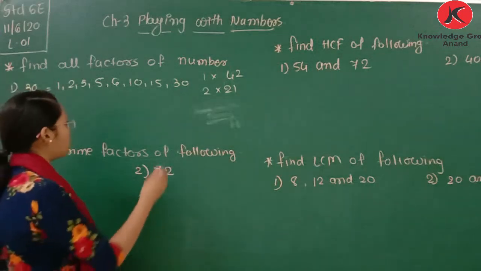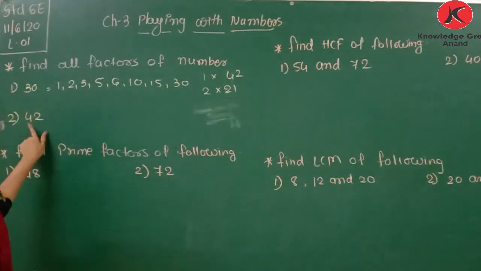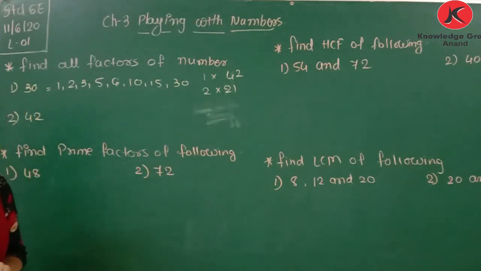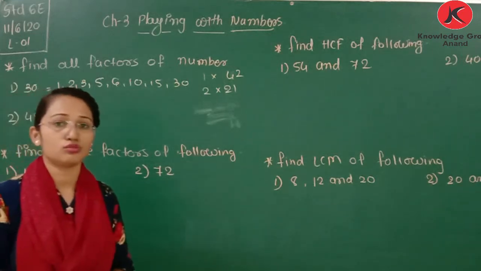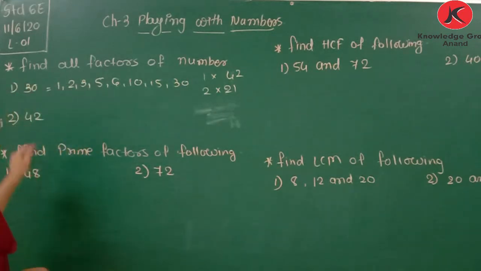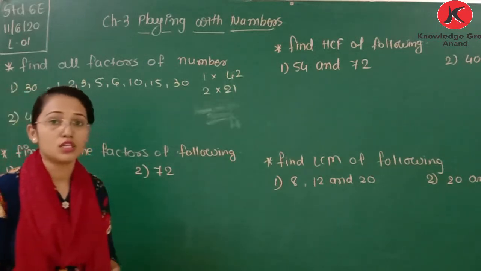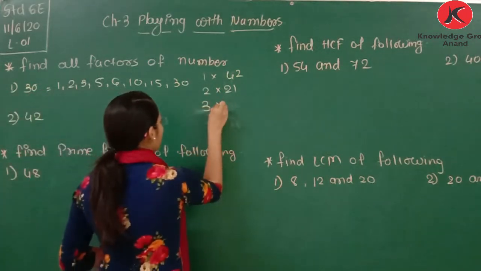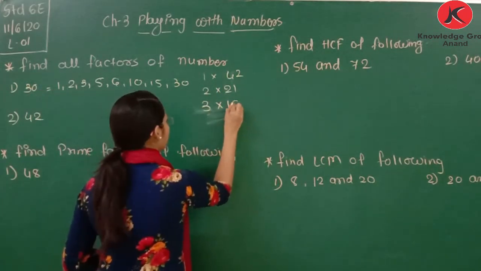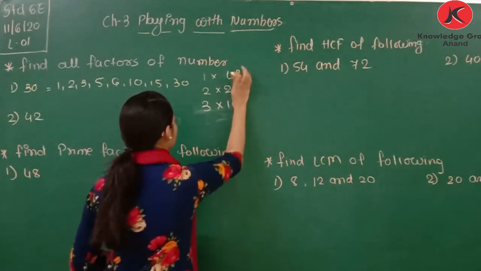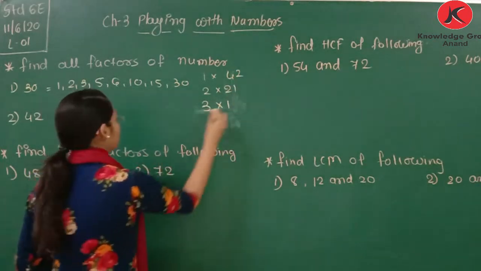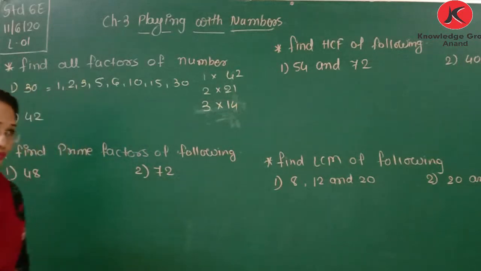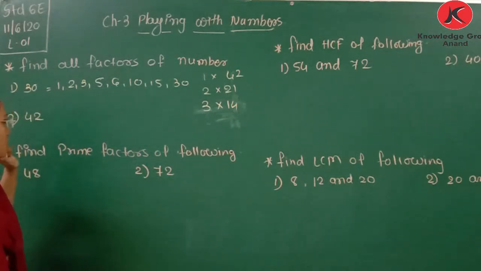So here 21 2s are 42. Now 42, it is divisible by 3, means it is possible to have 42 in a table of 3. For that you need to add the digits, 4 plus 2, 6. And it is divisible by 3, means it is possible to have 42 in a table of 3. Okay, now next, is it possible to have 42 in the table of 4?